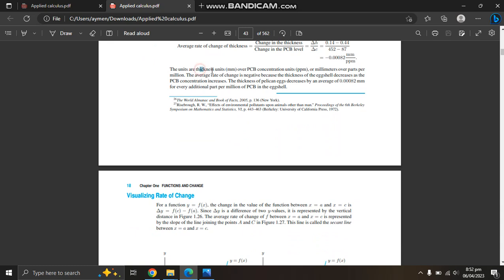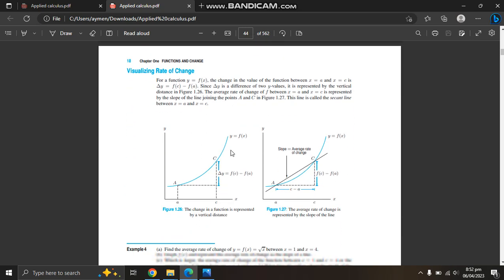The units of thickness over PCB concentration are millimeters over parts per million. The average rate of change is negative because the thickness of the eggshell decreases. As the PCB concentration increases, the thickness of the eggshell decreases by an average of 0.008 millimeters.